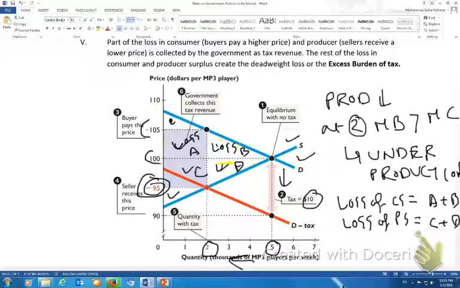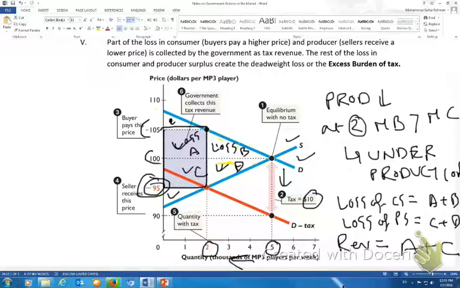So government revenue is the sum of the rectangles, part of which was consumer surplus loss from the consumer, and part of which is producer surplus loss from the producer. So the government revenue is nothing but A plus C.